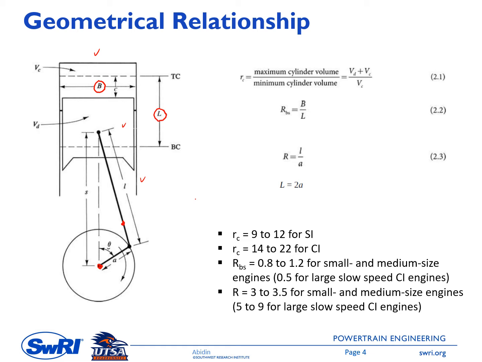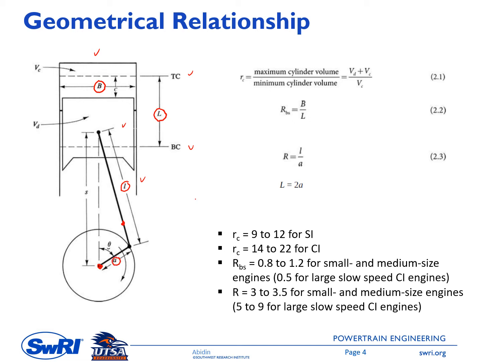This is the distance traveled by the piston from top center to bottom center. And then we have the connecting rod length. Here it is represented by a small letter l. And then we have the crank radius, small a here.